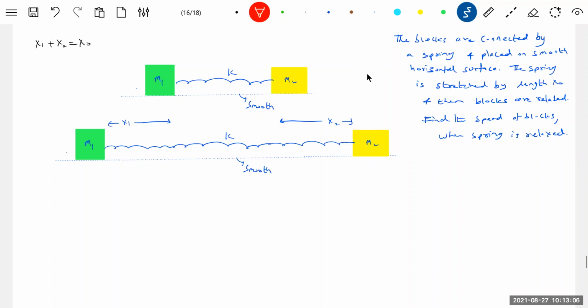Now how much of spring force will act? Kx will act, not kx1. Very, very important. This end is displaced by x1, this end is displaced by x2. So what is the total elongation of spring? X. What is x? X is the elongation. So sorry, this x naught is elongation.